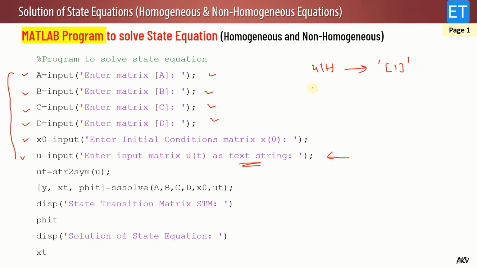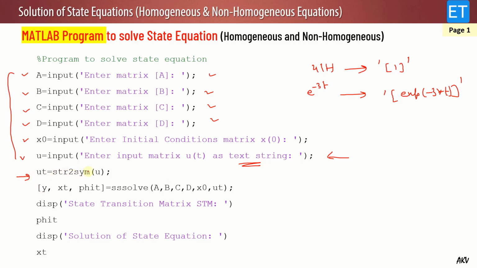And if the input is, let's say, e power minus 3t, the user will enter this as exp(-3t). The single quotes mean it's a character string. When I run this program, I will also show you how you can enter these inputs.